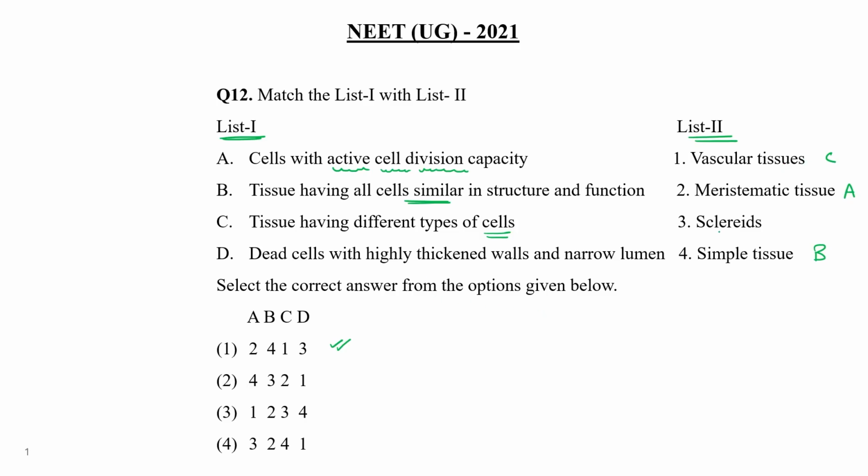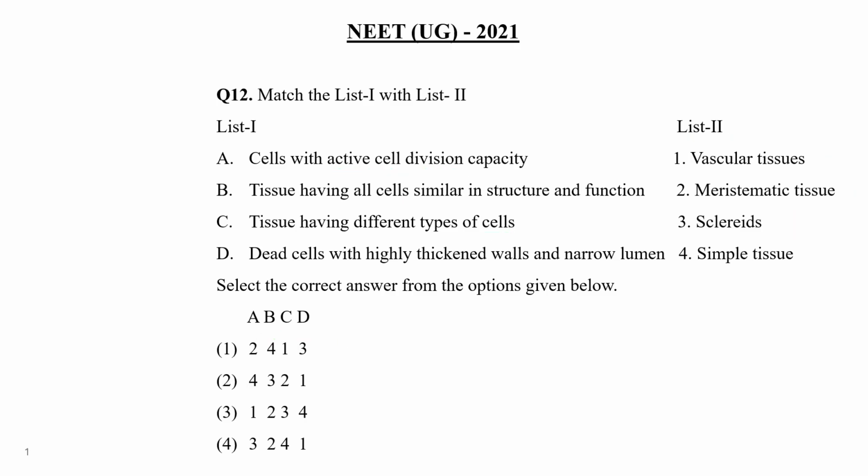Dead cells, sclerenchyma. So A with C, A choice with 2 correct, B choice with 4 correct, C choice with 1 correct, and D choice with 3 correct. So choice number 1, right?